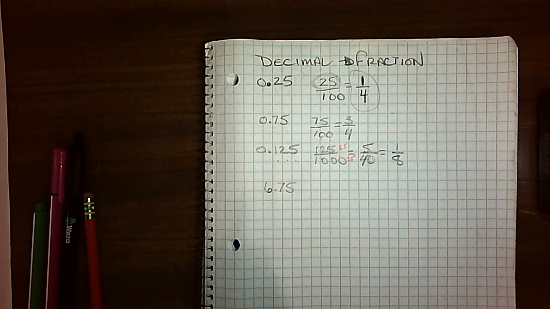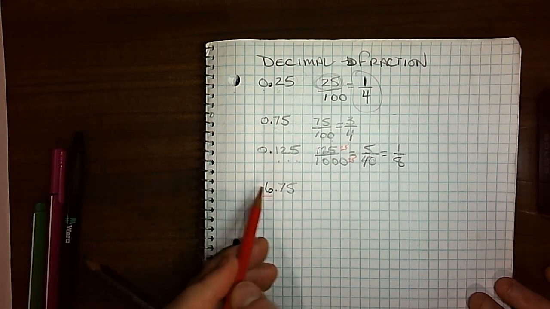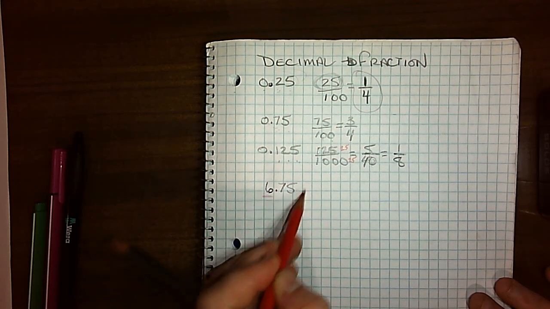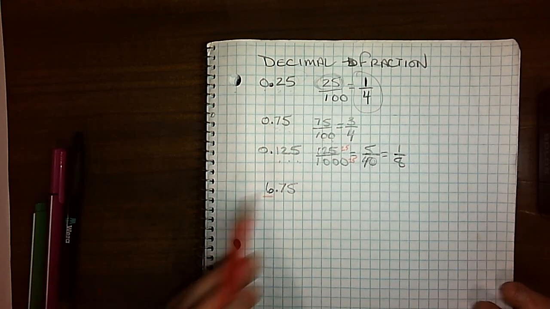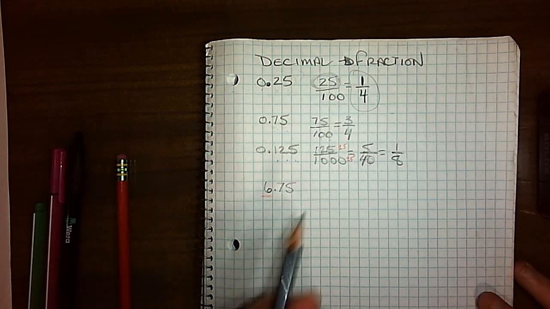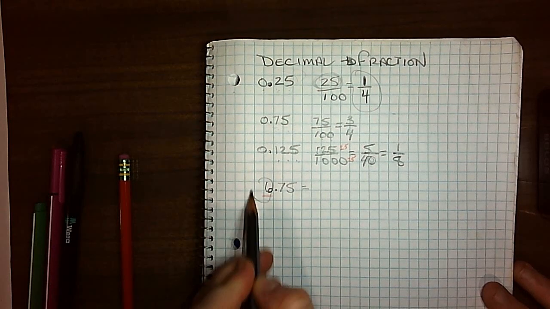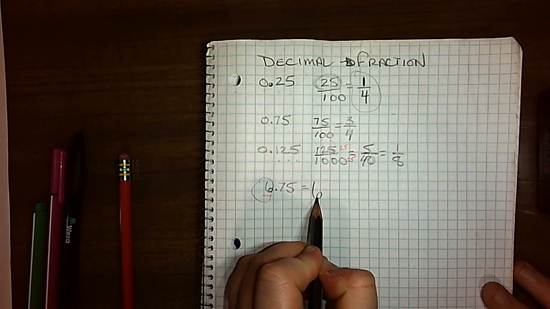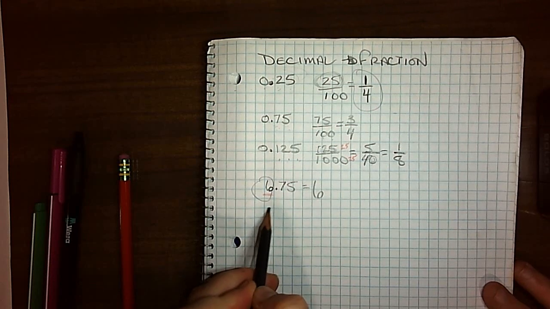Do you understand that? Because this is a whole. Anything after the decimal is a fraction of a whole. Am I losing anybody yet? So 6 is the whole, and now I have to figure out the 0.75.